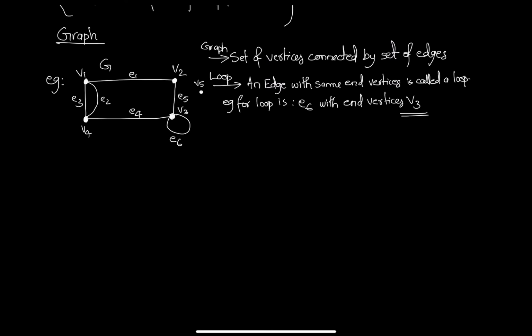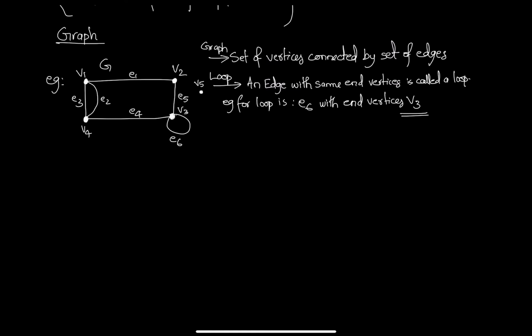Here we also have to learn about another thing called multiple edge. What is a multiple edge? A multiple edge is two edges with the same end vertices. In this case, what do we see here?